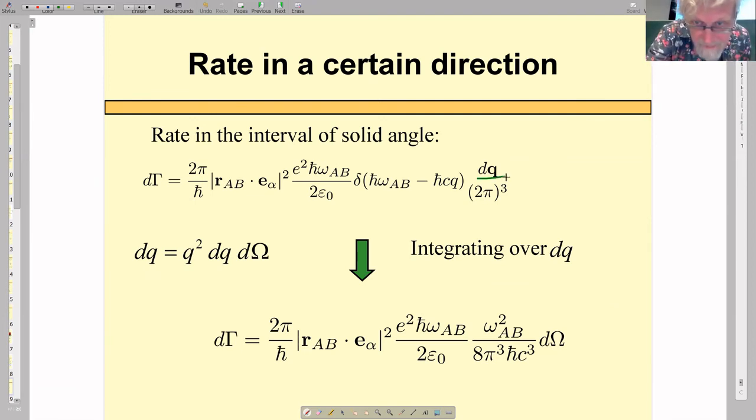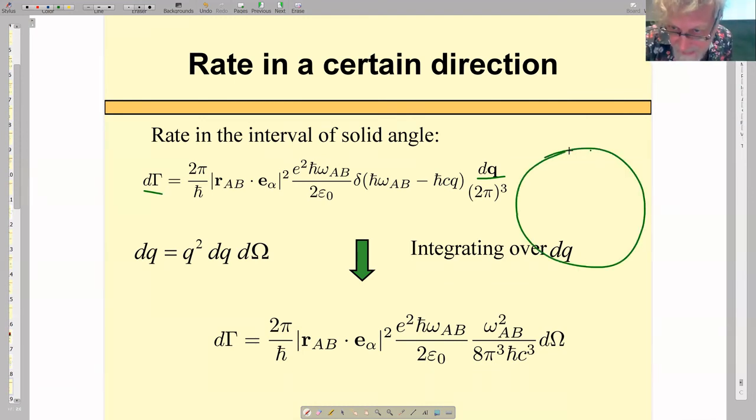Let's see, how do I write it? At the moment, I have no choice but to write the rate into intervals. Not the whole total rate, but into an interval, and this interval is an interval of solid angle.